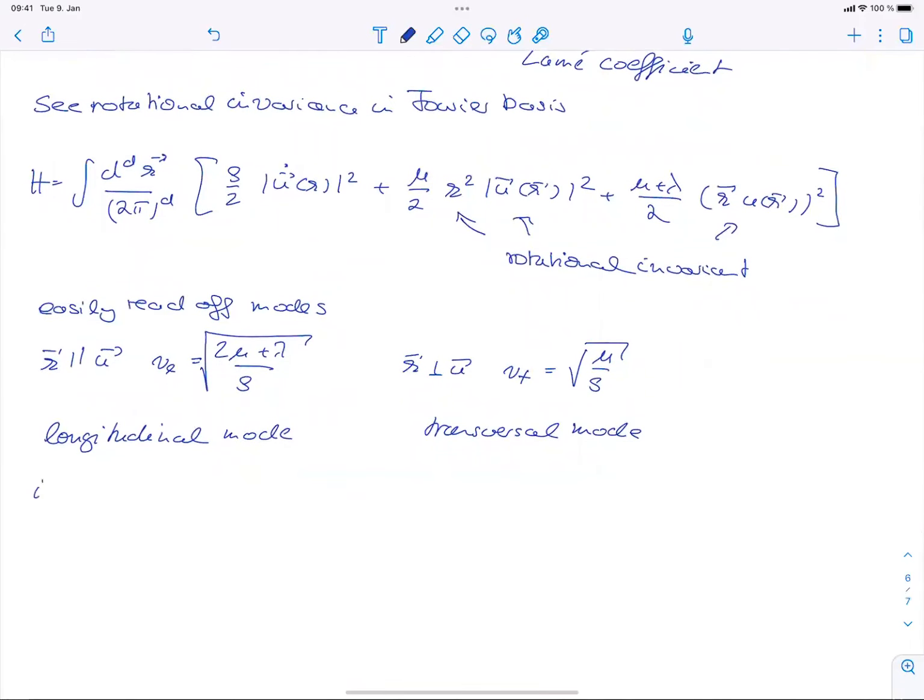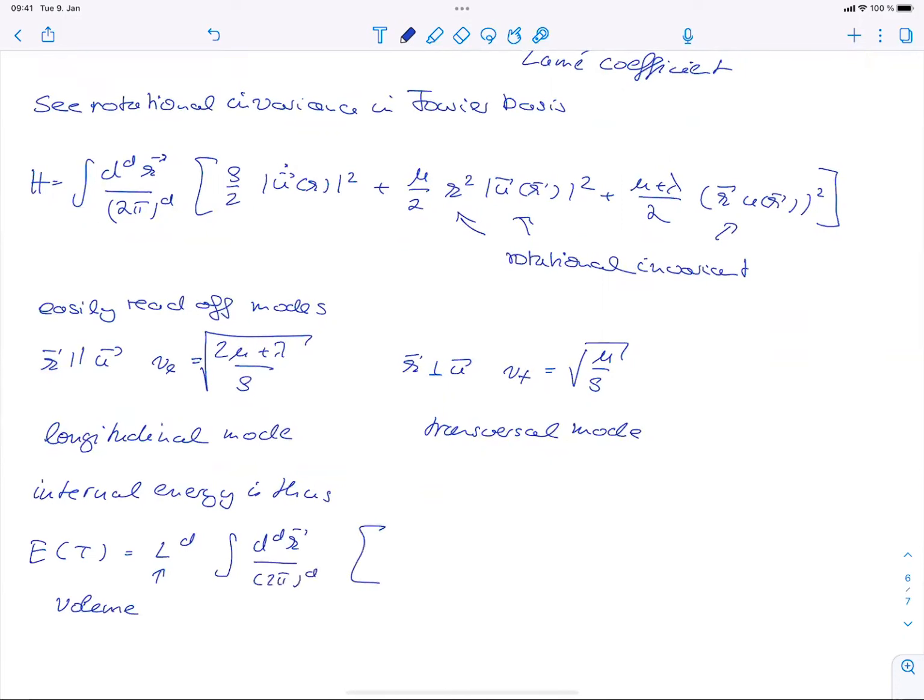And as before, we can also readily write down the internal energy. L to the D, that's the volume, and d^d k. And again, since we do have the dispersion relationships, we sum over both of these contributions.